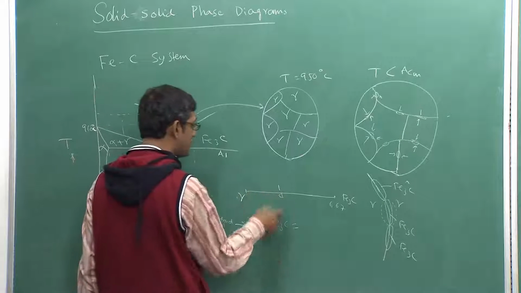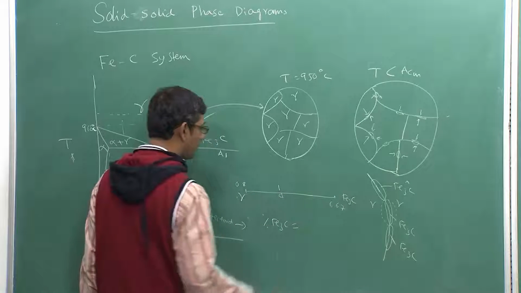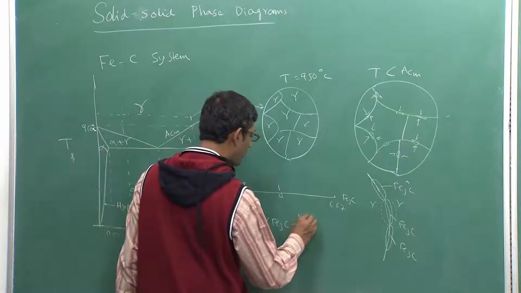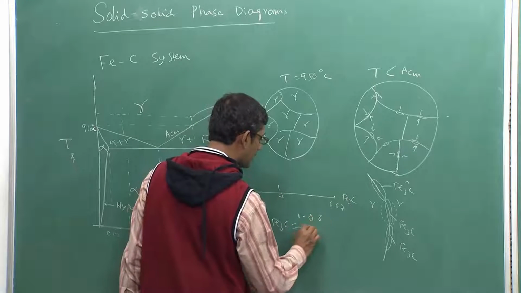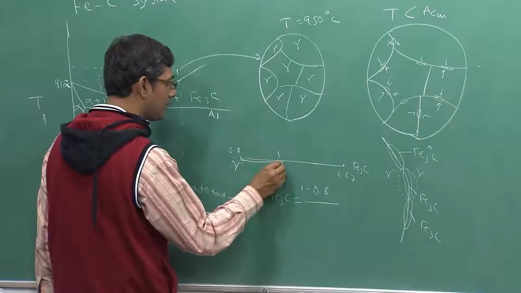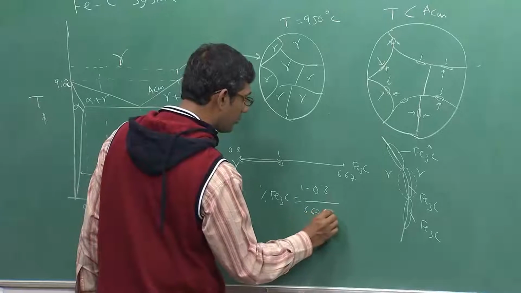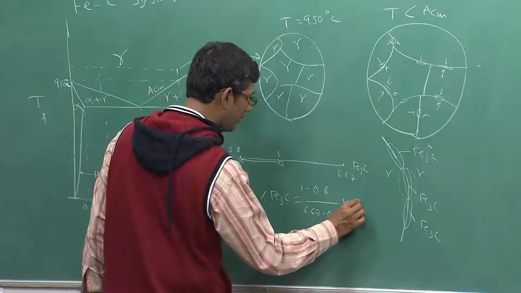This is 0.8, so this arm divided by the total arm: 1 minus 0.8 divided by 6.67 minus 0.8, into 100.